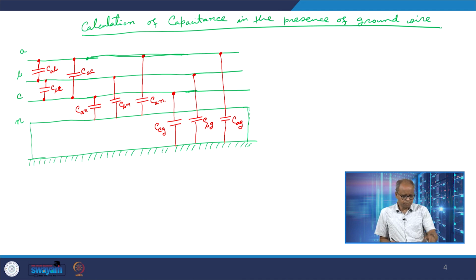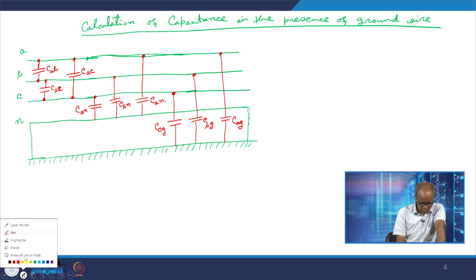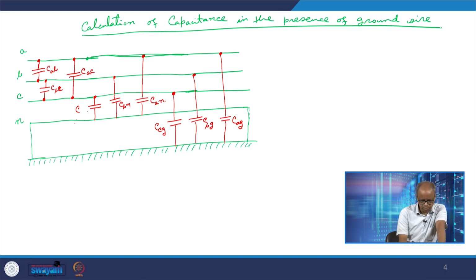Now here, because this conductor N is grounded, these capacitances CCN and CCG, this must be CCN, then CBN, CAN, and CCG, CBG, CAG.